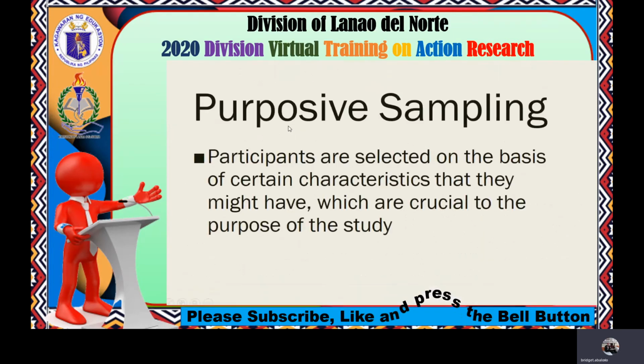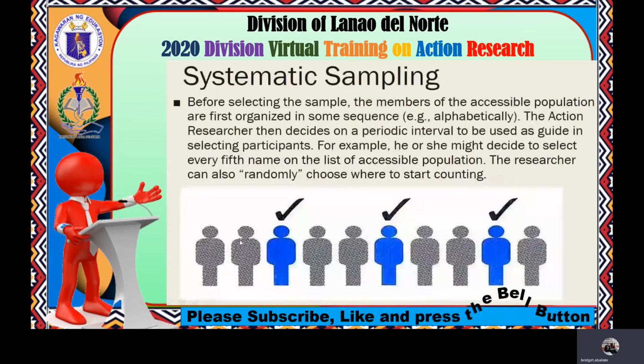Next is systematic sampling. In systematic sampling, before selecting the sample, the members of the accessible population are first organized in some sequence, for example, alphabetically. The action researcher then decides on a periodic interval to be used as a guide in selecting participants. For example, he or she might decide to select every fifth name on the list of the accessible population.